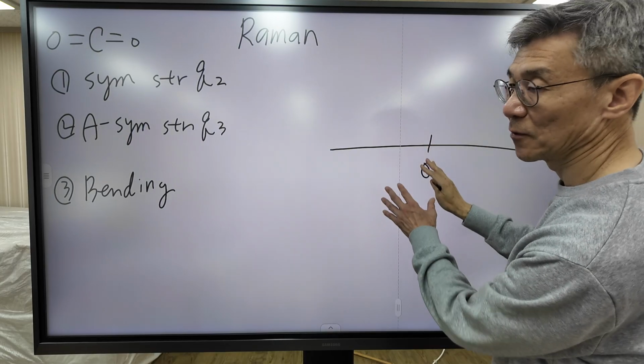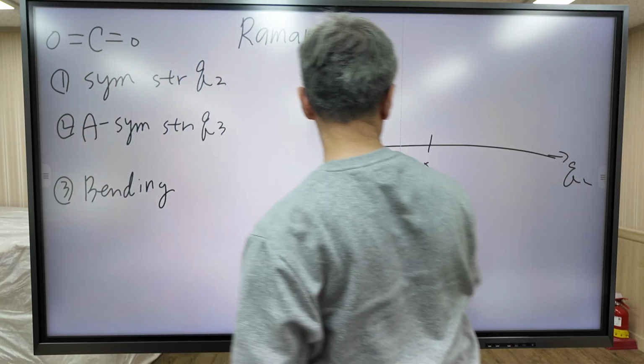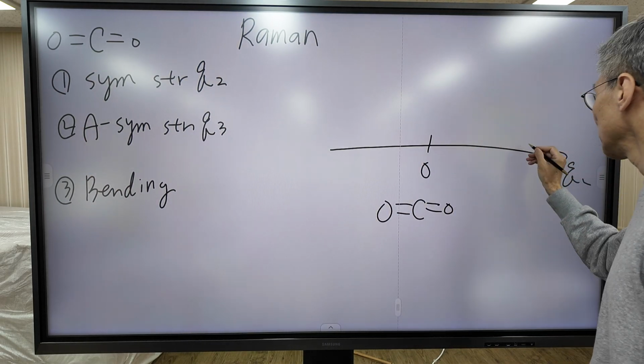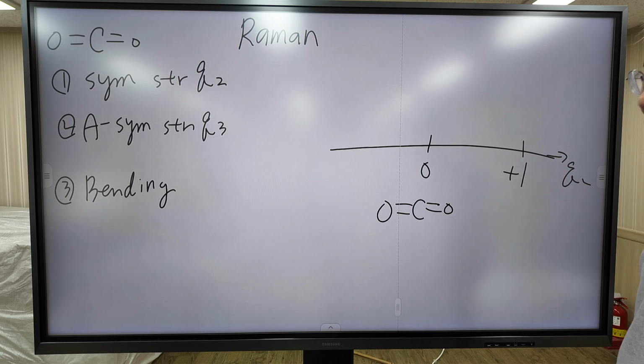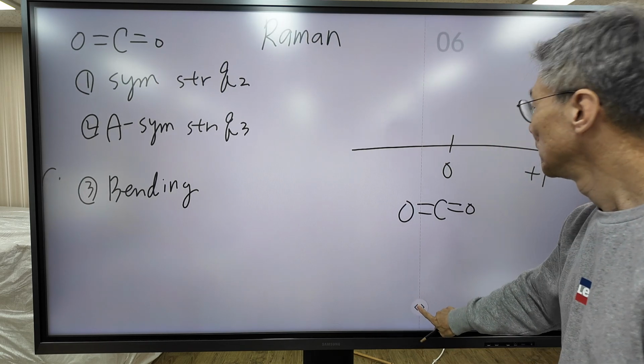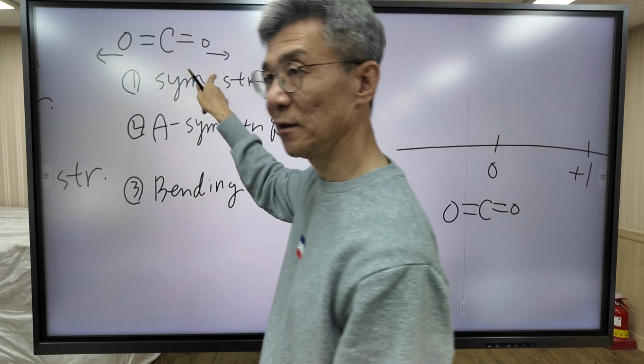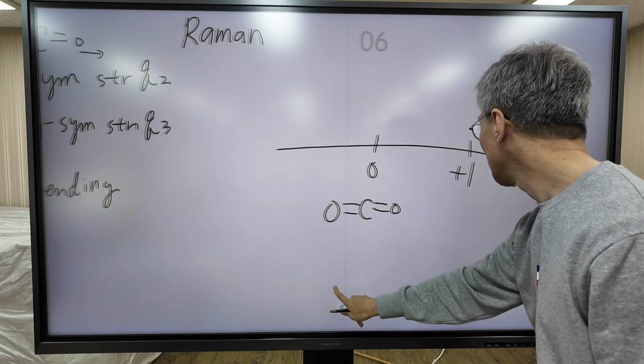When Q2 equals 0, the molecule looks like this. And when Q2 equals plus 1, as I said before, the atoms move in this direction. So the molecular shape looks like this.